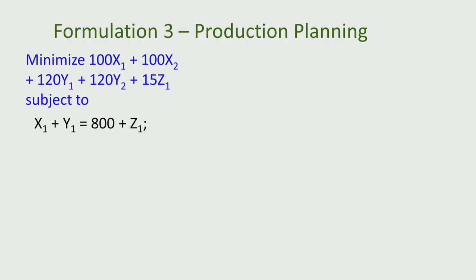The objective function is to minimize the total cost. 100 x1 is the cost of producing x1 units in week 1 using regular time. 100 x2 is the cost of producing x2 in week 2 using regular time. y1 is the quantity produced in week 1 using overtime and therefore costs 120 y1.